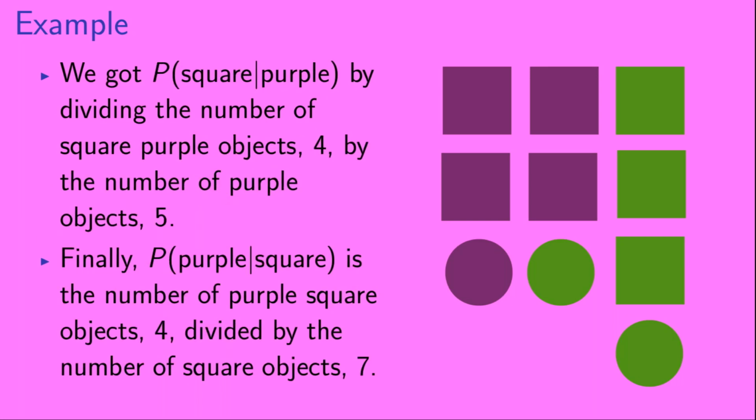We got P of square given purple by dividing the number of square purple objects, 4, by the number of purple objects, 5. And finally, we got P of purple given square by taking the number of purple square objects, 4, and dividing that by the number of square objects, 7.